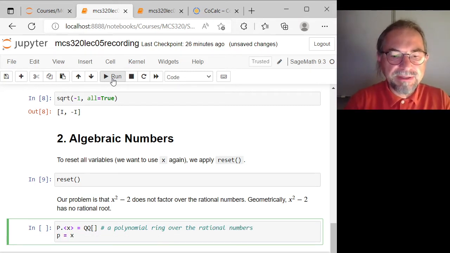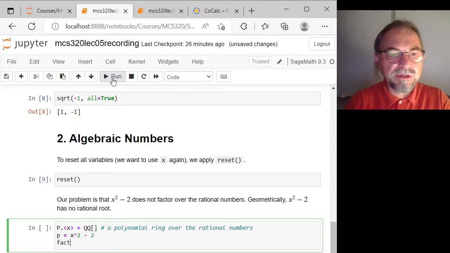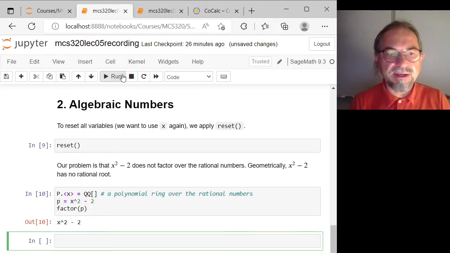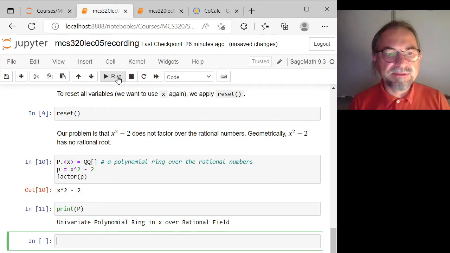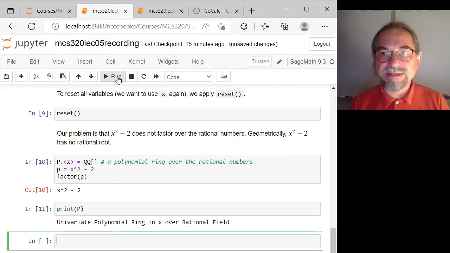So the little p is the polynomial of interest, so the bad polynomial that has no root. So I can factor p and it doesn't factor. Now I defined p as the capital P, so the space of all polynomials in X with rational coefficients.